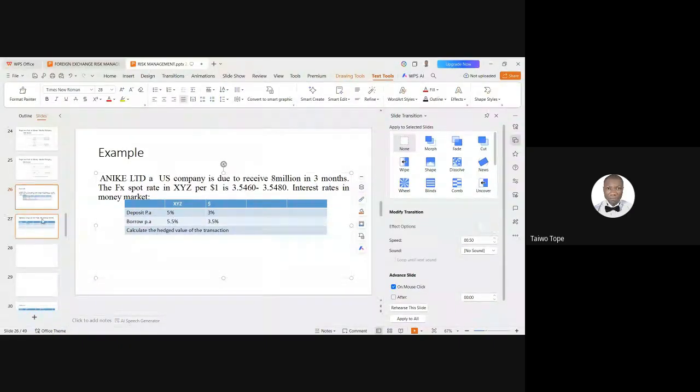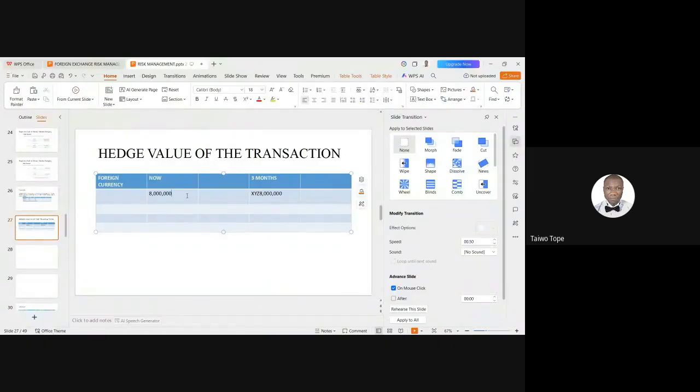So the expression will now be in what form? The borrowing rate will be 1 plus R. But the question is, what is R? The R is 5.5% multiplied by 3 over 12.